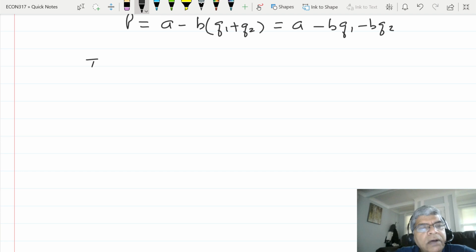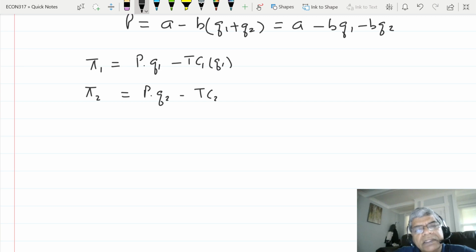So I will write down the profit for firm 1, which I will name pi 1, is the revenue P times Q1 minus the total cost for firm 1 when it produces quantity Q1. Similarly, profit for firm 2 is price times Q2 minus the total cost for firm 2 when it produces Q2.